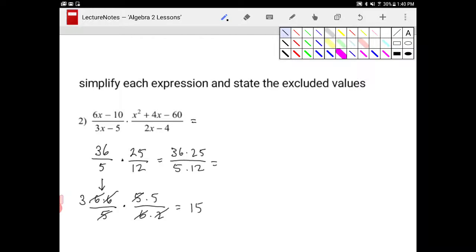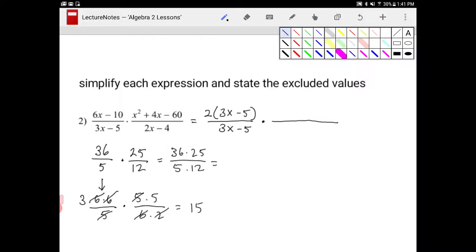I noticed that I can factor out a 2, so I end up with 2 times 3x minus 5 over 3x minus 5. And then times, can I factor x squared plus 4x minus 60 somehow? Are there two numbers that multiply to negative 60 while at the same time adding to 4?